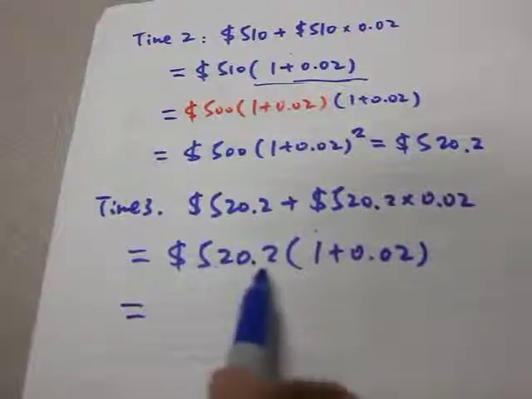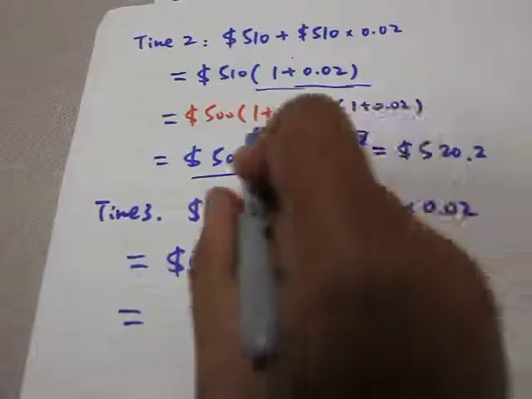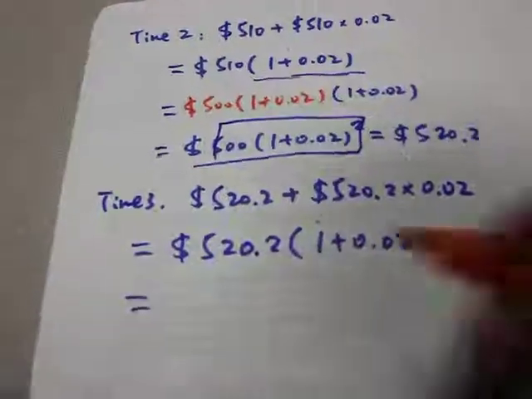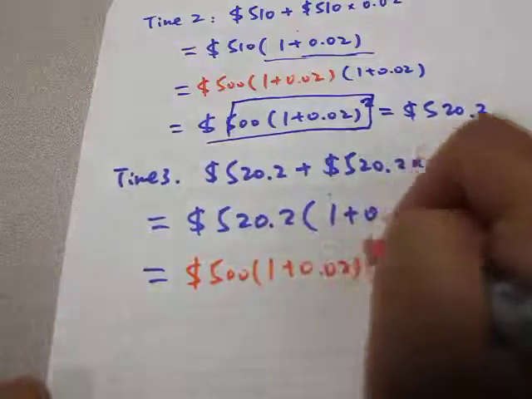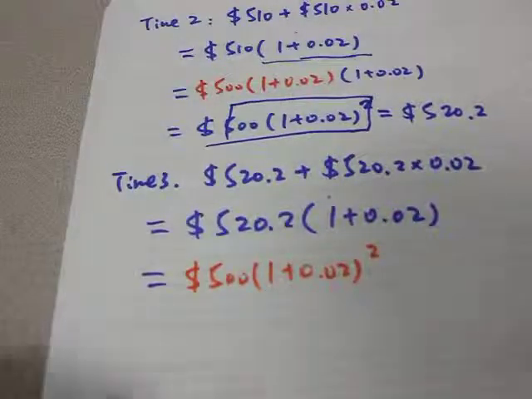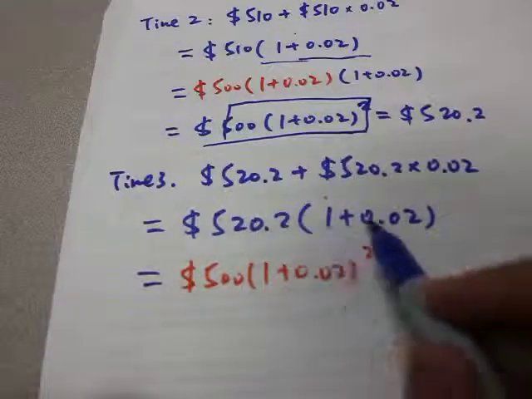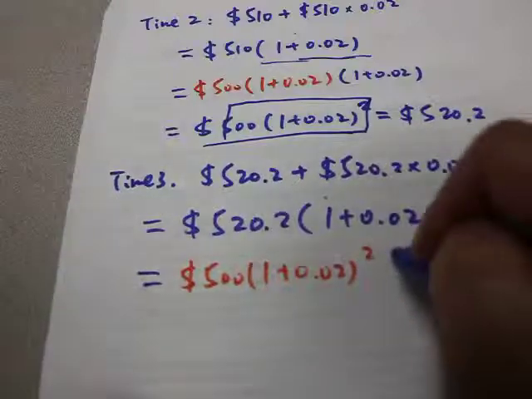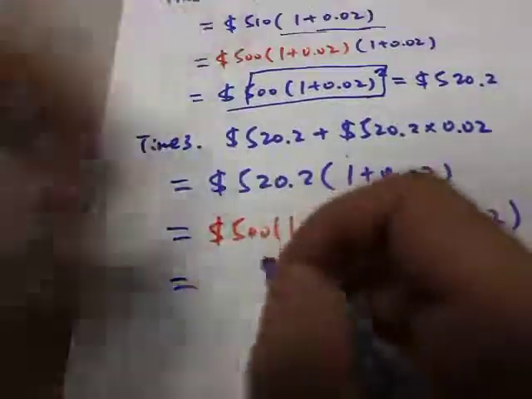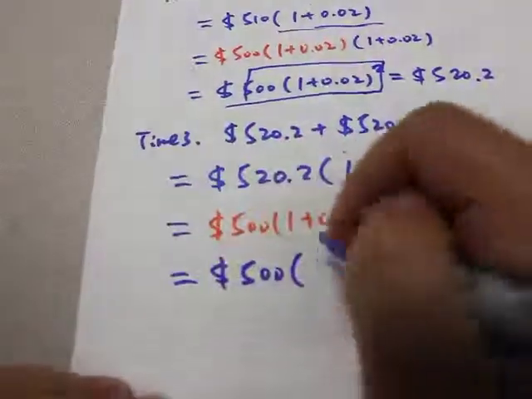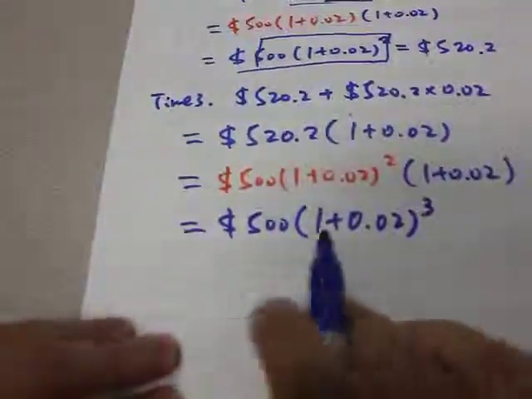Now 520.2, because it equals this, so I use 500 times 1 plus 0.02 squared to represent 520.2 and multiply by 1 plus 0.02. Now I will have 500 times 1 plus 0.02 to the third.